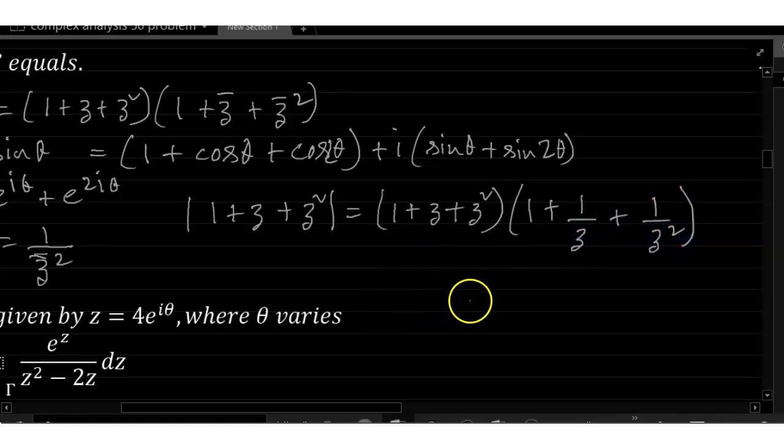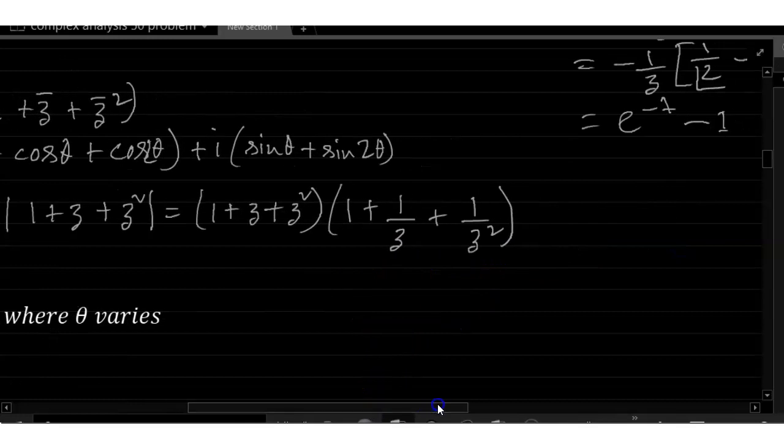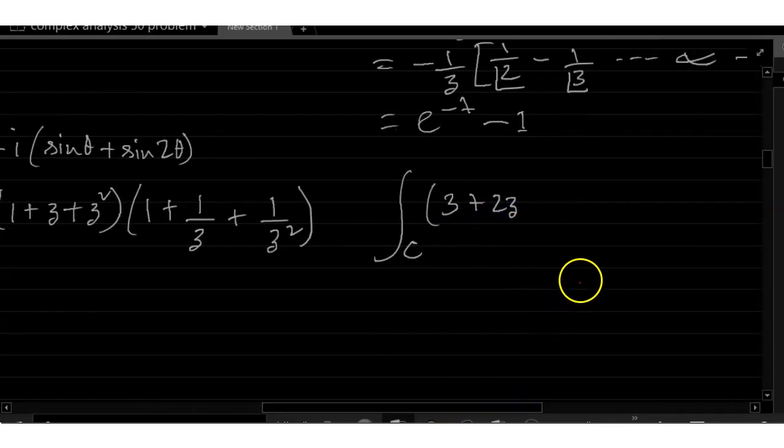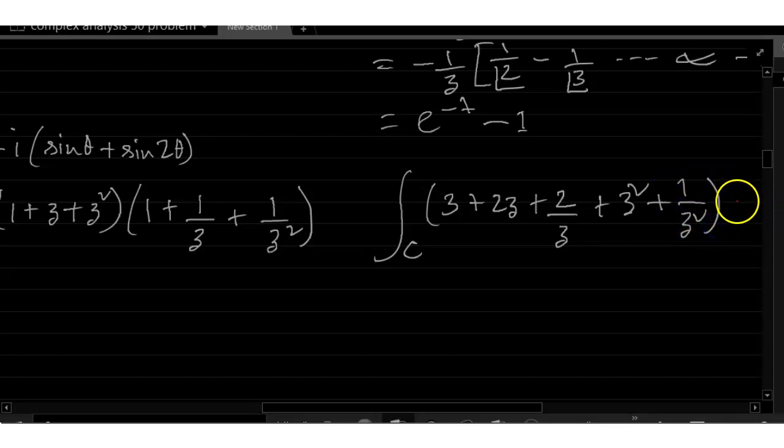I can write this way, and after that if I multiply and integrate over c, what I get is 3 plus 2z plus 2 by z plus z square plus 1 by z square into dz.